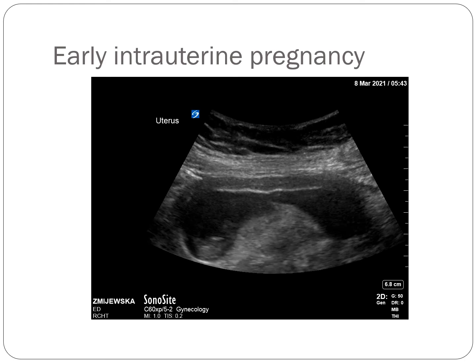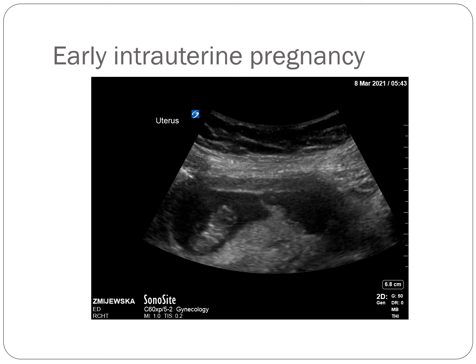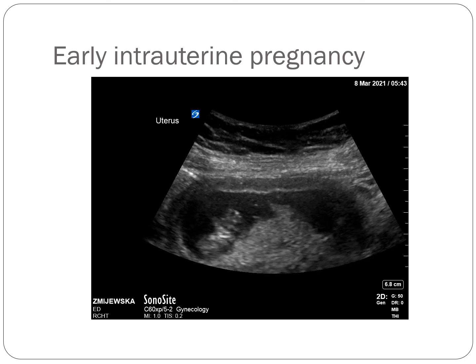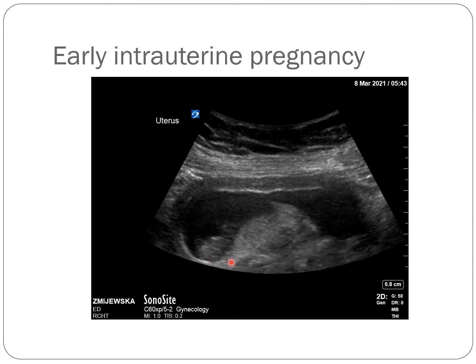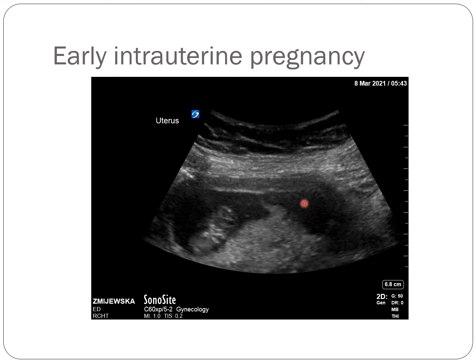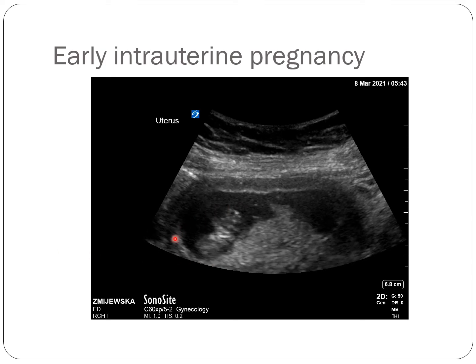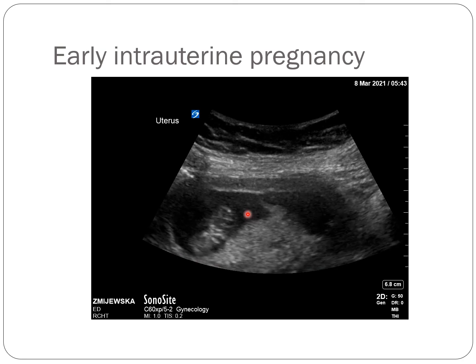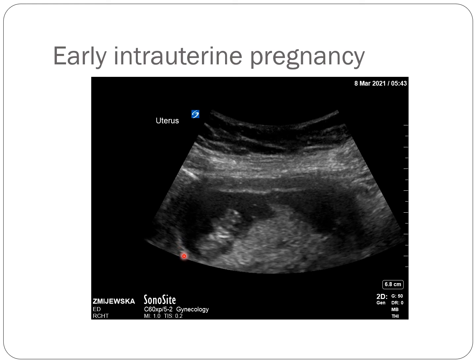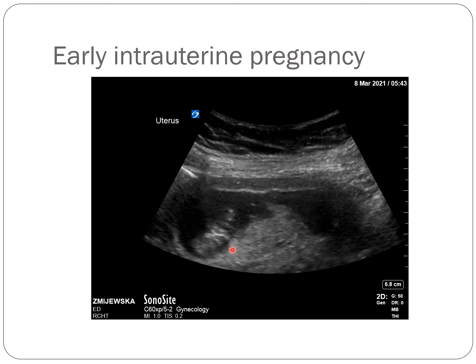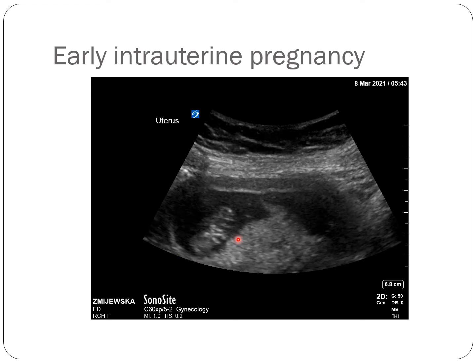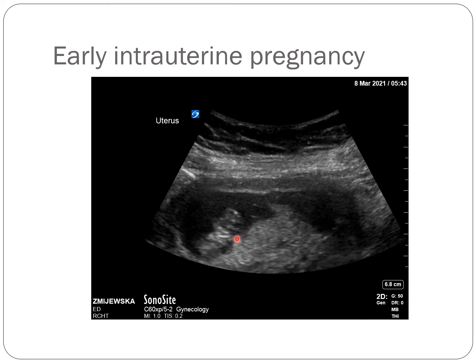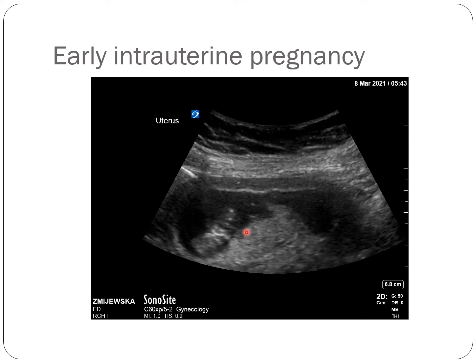When it comes to looking for free fluid during early pregnancy and the possible location of the fetus, you can also scan your patient, and in this case you see a very early pregnancy, you can see the placenta, and you can see a little beanie baby waving to us. So this is an intrauterine pregnancy, and this patient can be safely discharged home to be managed by gynecology later.